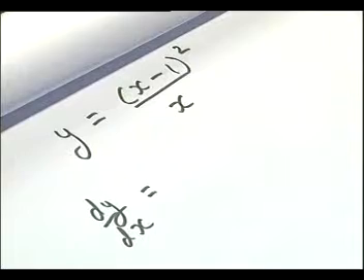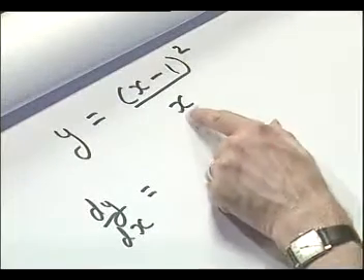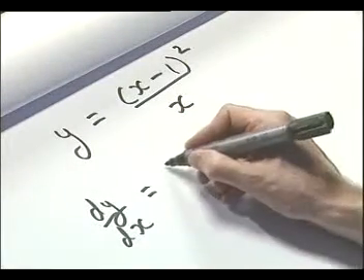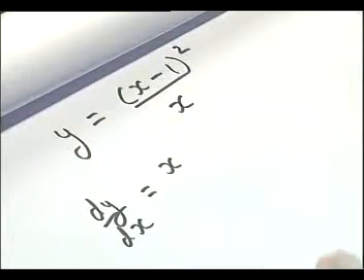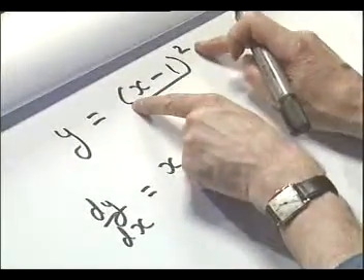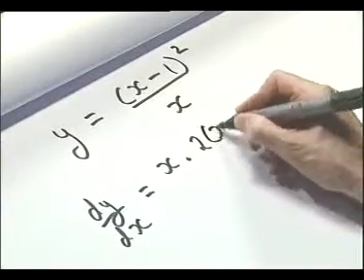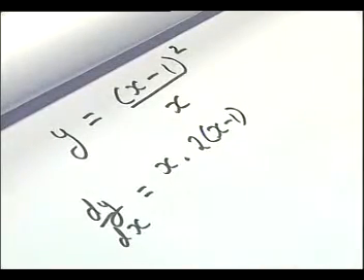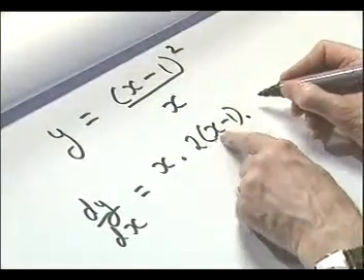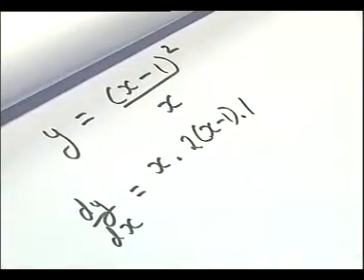So let's remember how we do that. We take the bottom, v, that's x, and we multiply x by the derivative of u, what's on top. So that's 2 times x minus 1 times the derivative of what's inside, a 1.